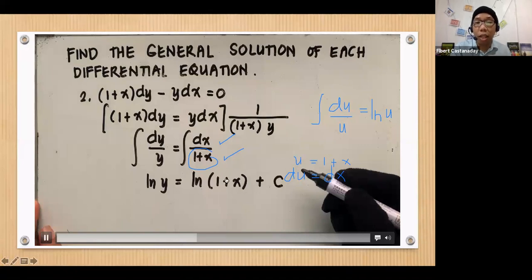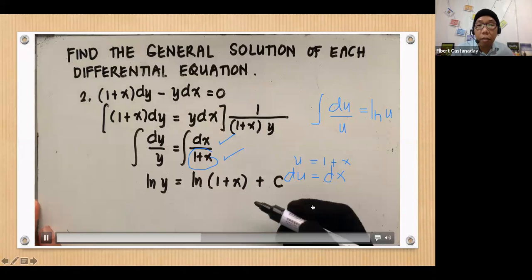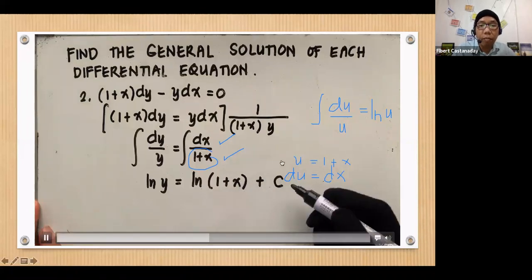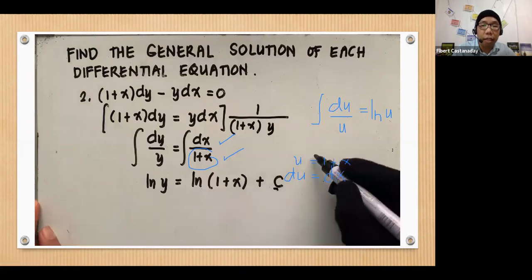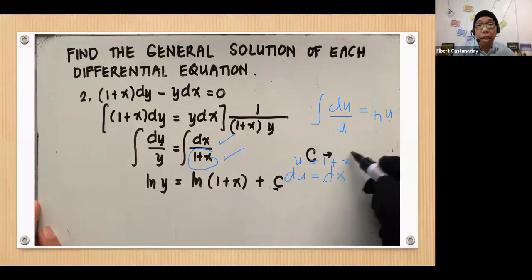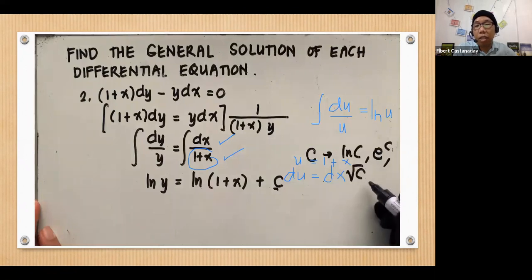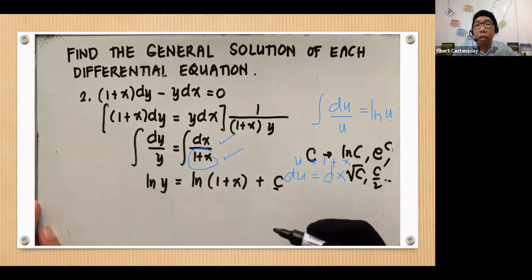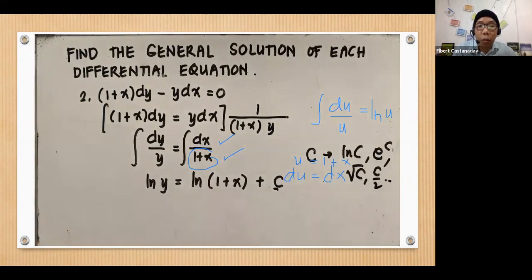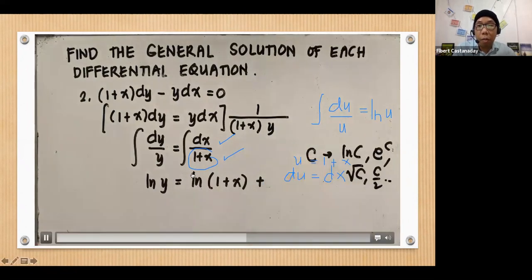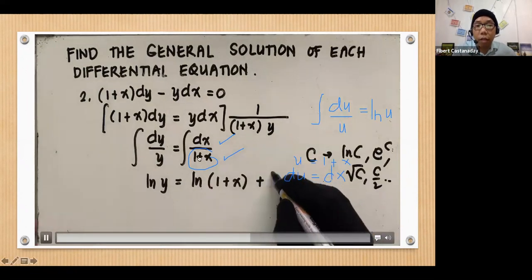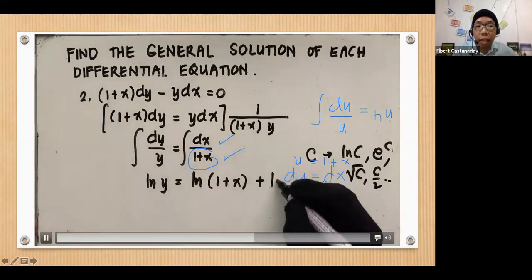So pwede ko na rin gawin na, instead of writing c here, gagawin ko na rin siyang ln of c, because c could represent ln of c, pwedeng e raised to c, square root of c, c over 2, 2c, and many others. Ganun yung ibig sabihin ng c. So ginagawa ko ito para ma-simplify ko yung entire equation. So I'll make this ln of c.